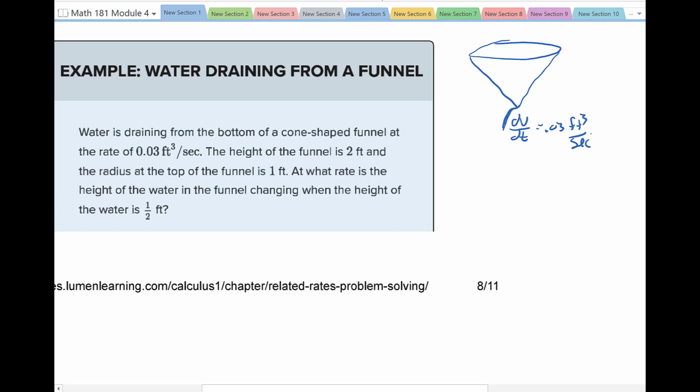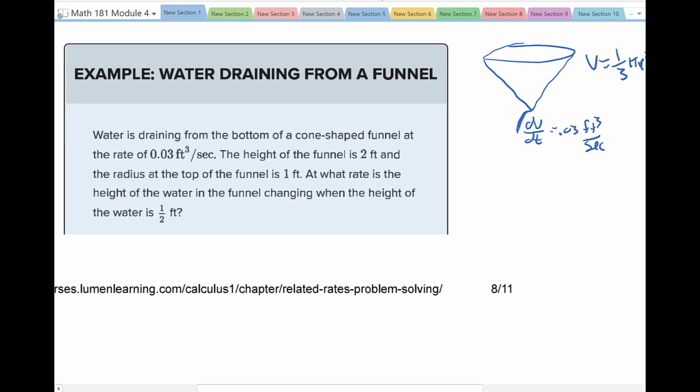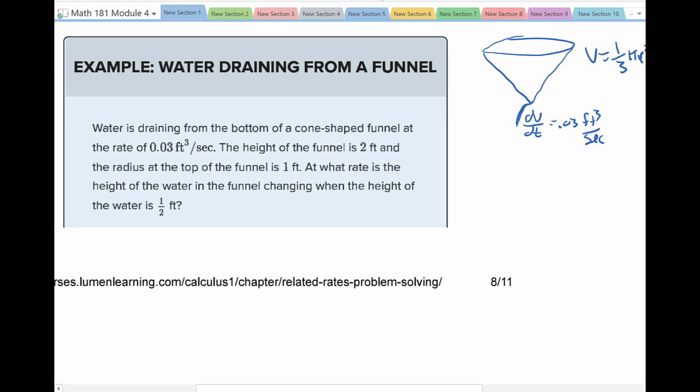And by the way, the volume of a cone is 1/3 pi r squared h. So it's basically 1/3 that of a cylinder. Okay. So it says the height of the funnel is 2 feet.